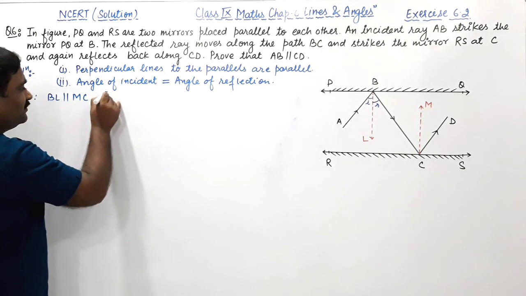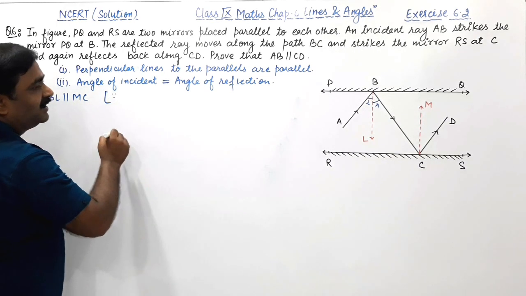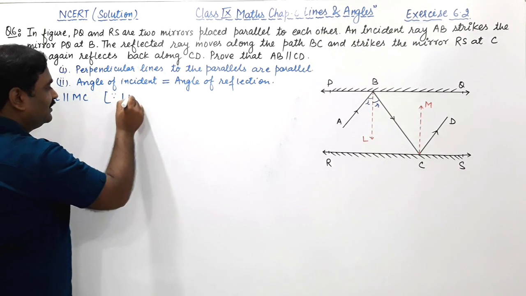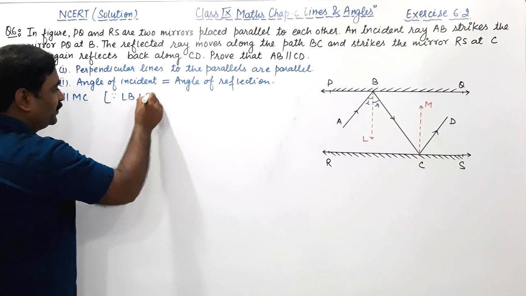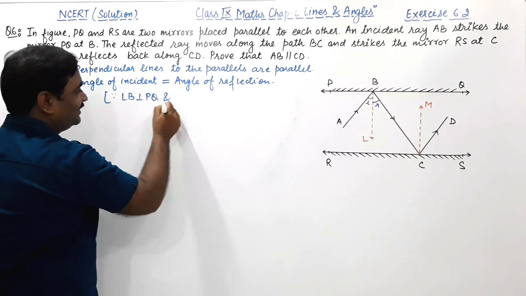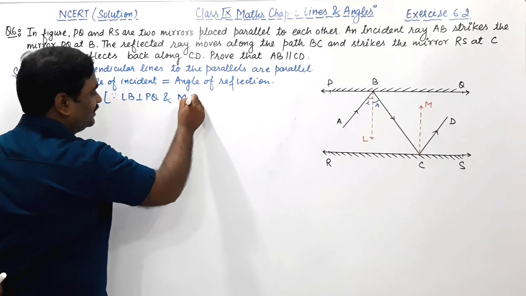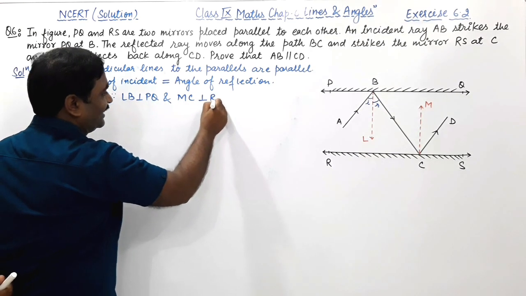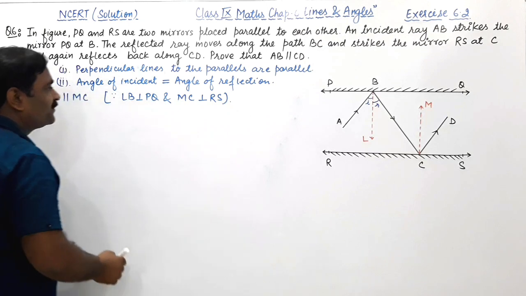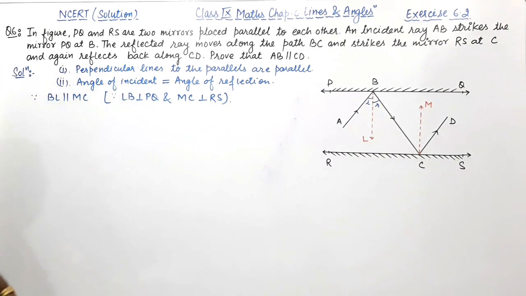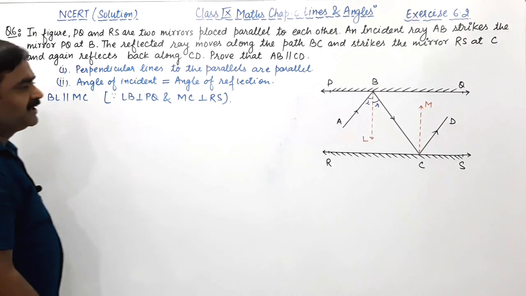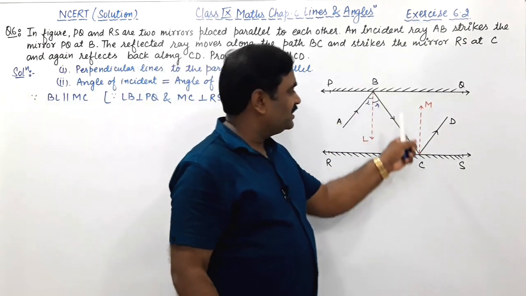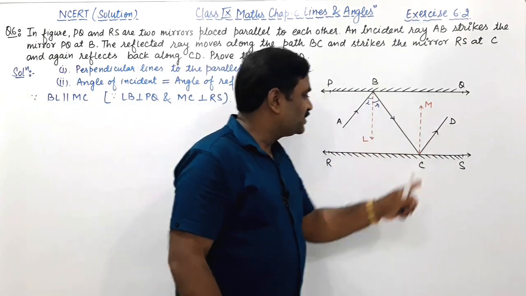By construction we had done LB is perpendicular to PQ and MC is perpendicular to RS. Okay, and we applied rule 1 here, right? Since BL is parallel to MC, therefore BC is a transversal.